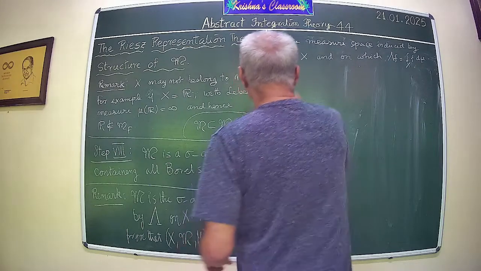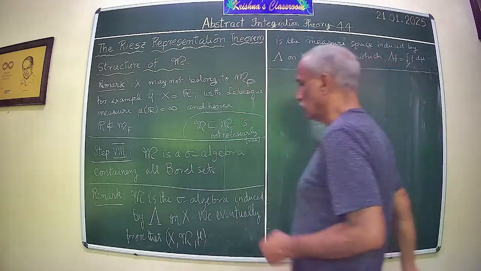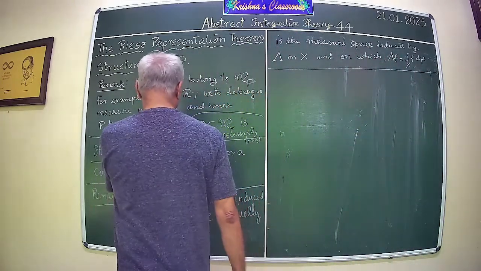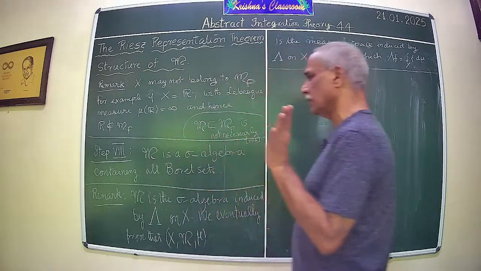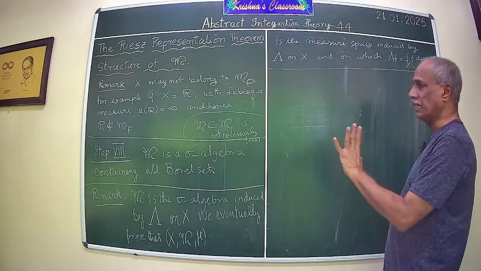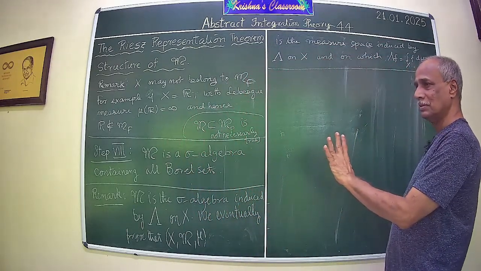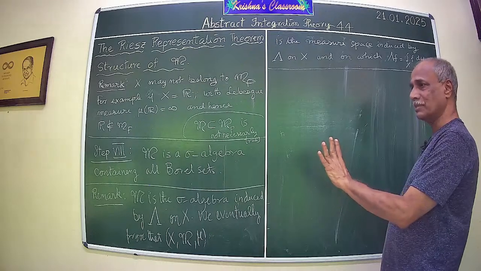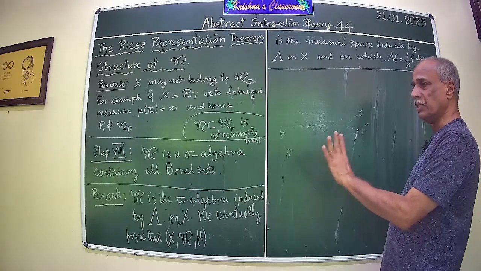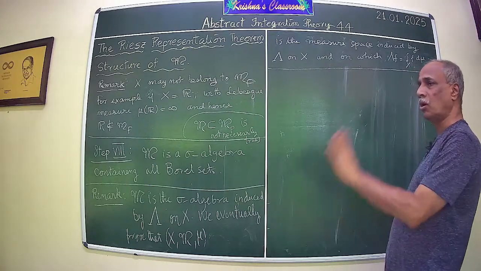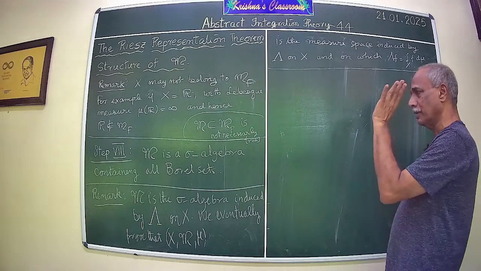But in this step, we are only proving that this is a sigma algebra and large enough, containing all Borel sets. What does it mean? You are assured that all open sets and all closed sets are measurable.